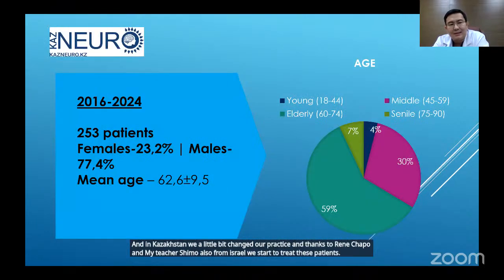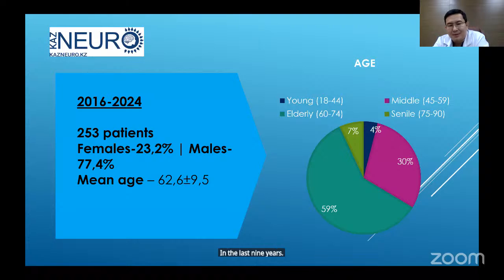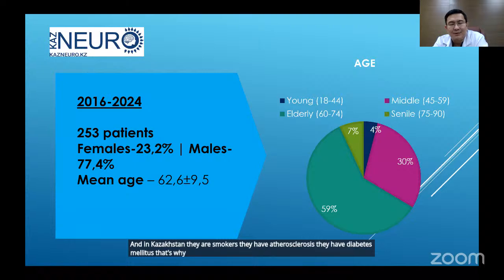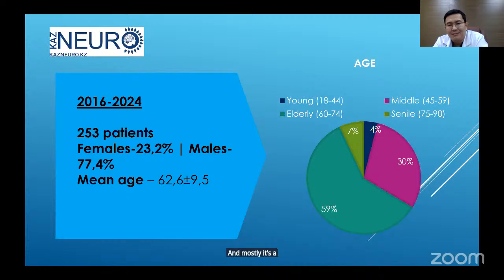In the last 9 years, 253 patients, mostly males, and in Kazakhstan they are smokers, they have atherosclerosis, they have diabetes mellitus. That's why mostly this group involves the male population, and mostly middle-aged and elderly patients.